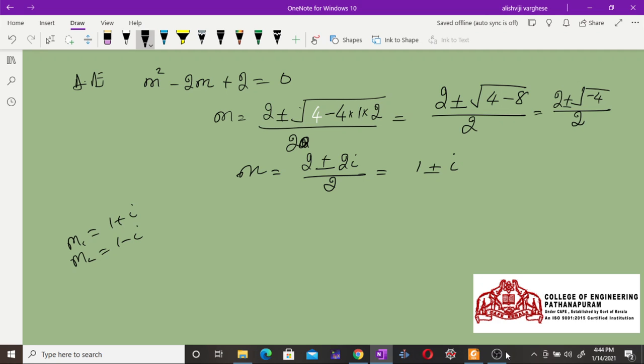So they are a conjugate pair of each other, and they are complex roots, not real roots.